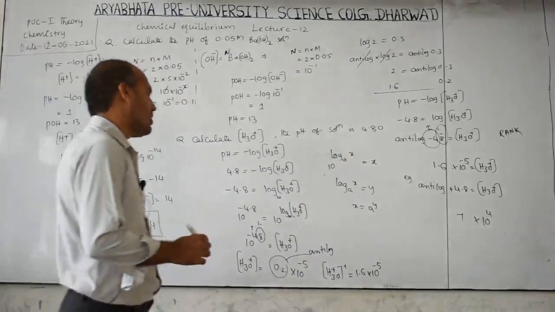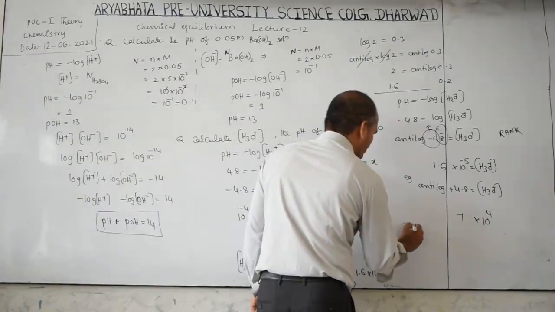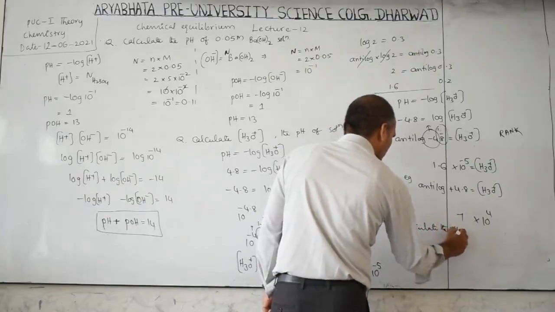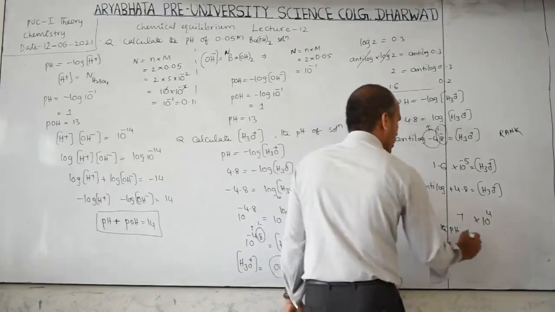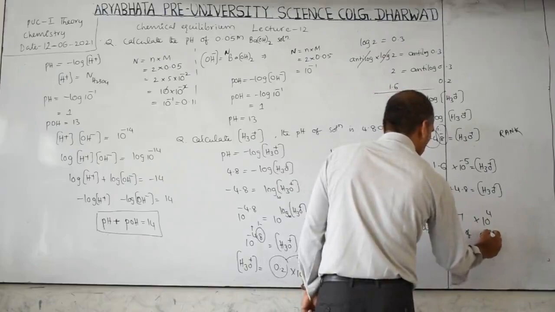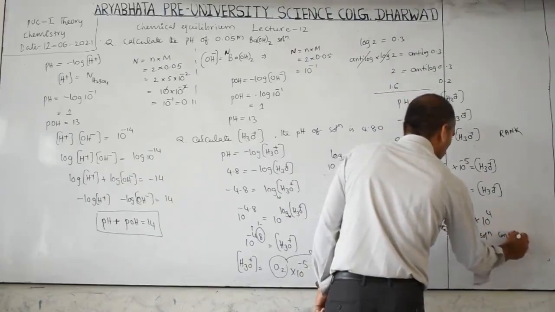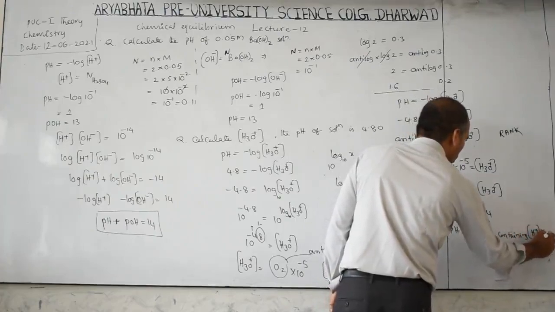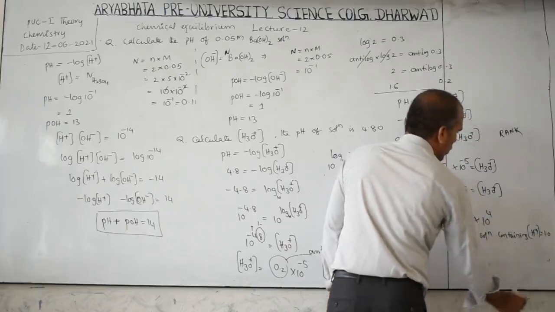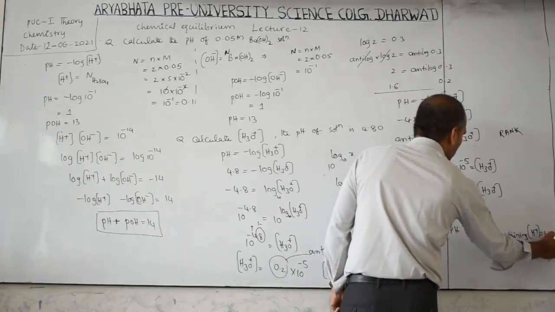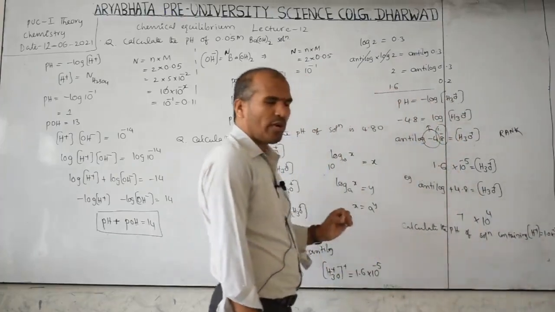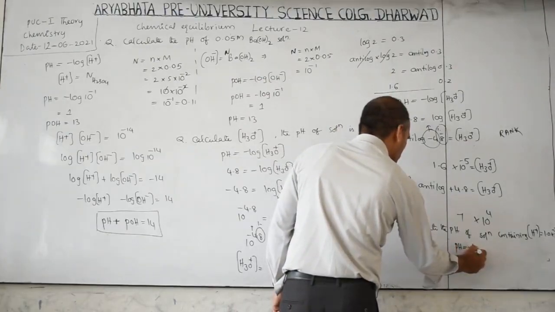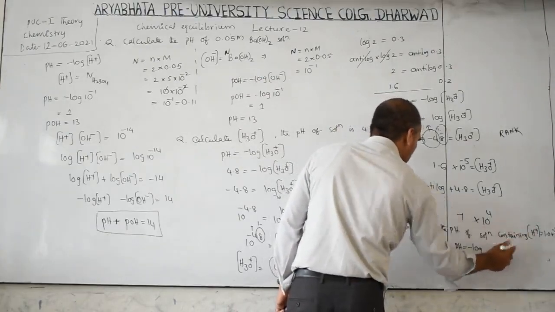Now one more question: calculate the pH of a solution containing H plus ion concentration equal to 1.0 into 10 power minus 3. Now pH is equal to negative logarithm of H plus ion concentration.